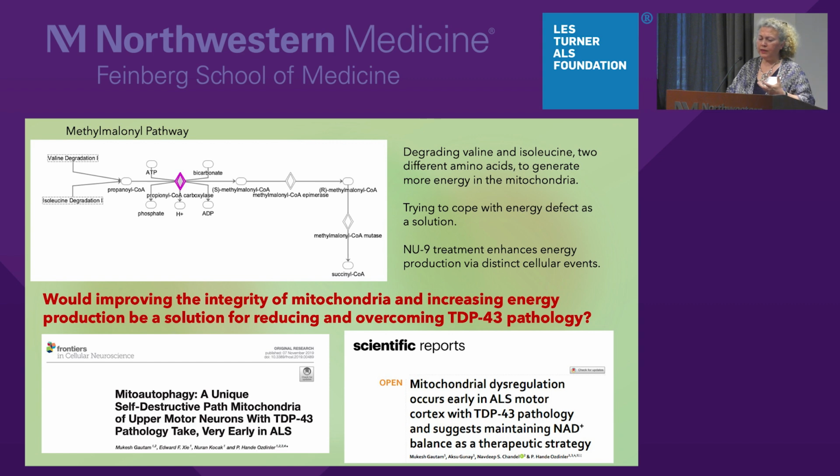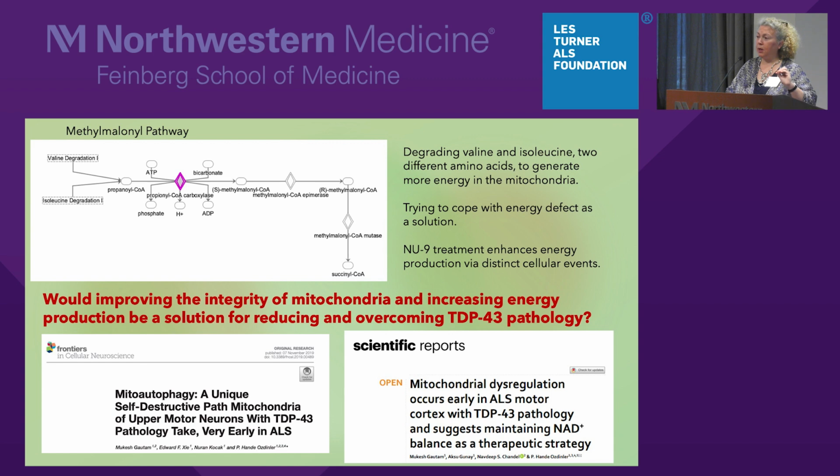But would improving the integrity of mitochondria and increasing energy production be a solution for reducing and overcoming TDP pathology? So I don't have time, but we have two key publications to show you that mitochondrial dysfunction is a very, very early event in ALS and in TDP pathology.